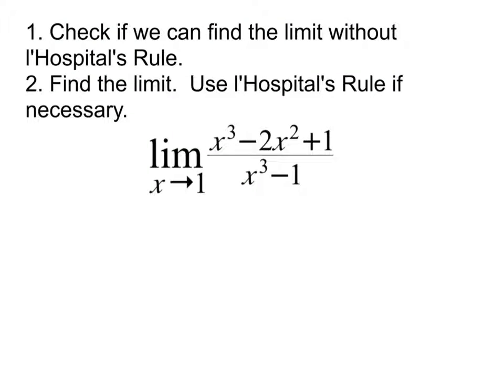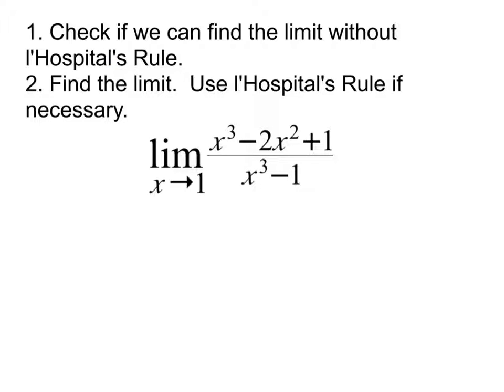Here's the first example that we're going to go through. Go ahead and write this problem down. This set of steps is the same set we always have to use anytime you have a problem that might be a candidate for using L'Hôpital's rule. The first thing you do is look to see, can we find the limit without using L'Hôpital's rule?